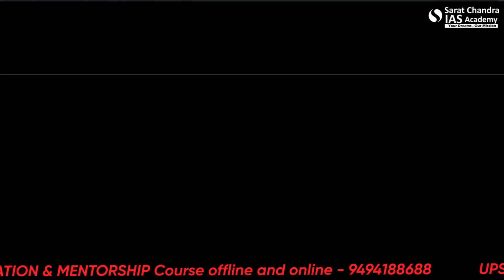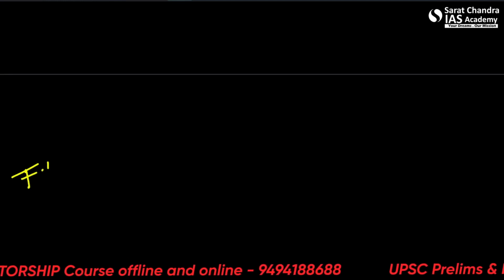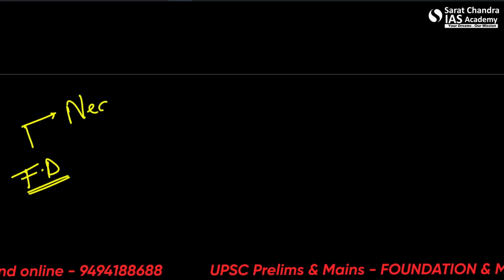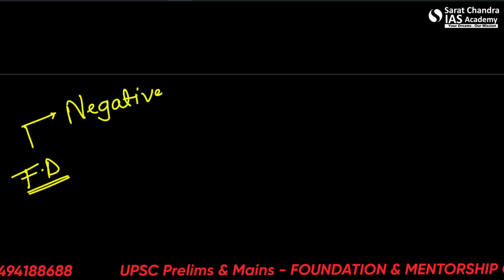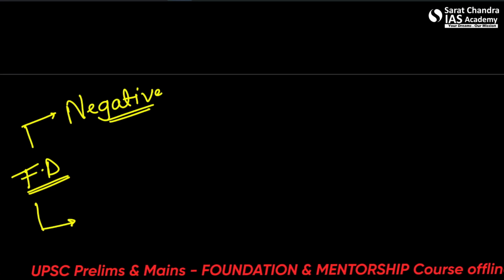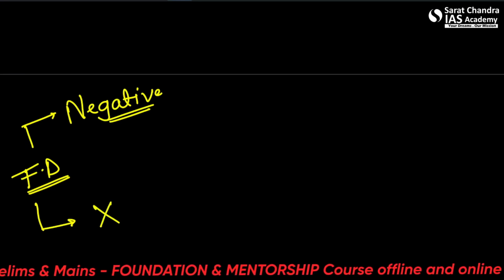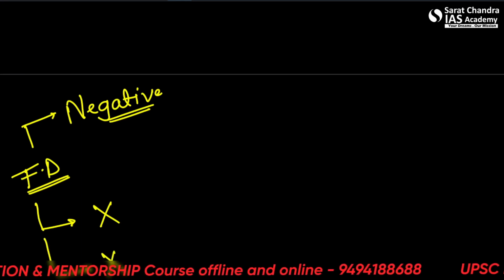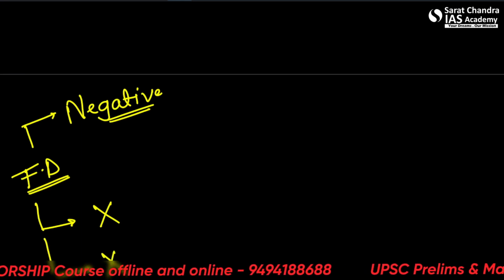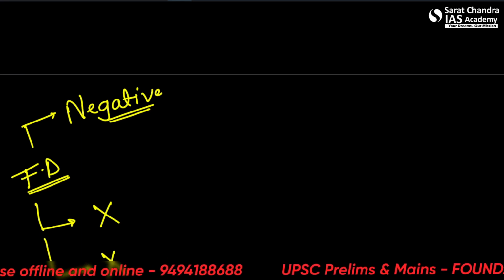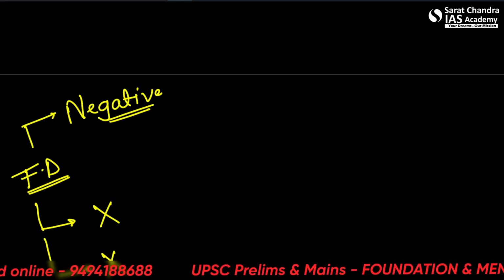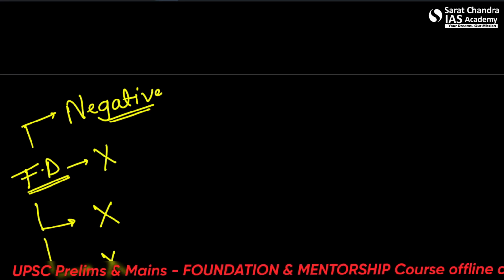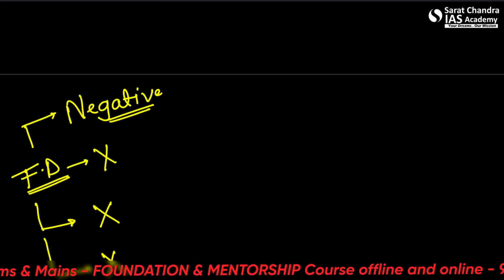Let's come to the fundamental rights. Most important part of the constitution. In essence, their structure is negative. It says that nobody will be discriminated against. A person's right to life and property cannot be snatched. Nobody is higher or lower against the law. All right. Nobody is higher or lower because of their religion, caste, race. These are all fundamental rights.